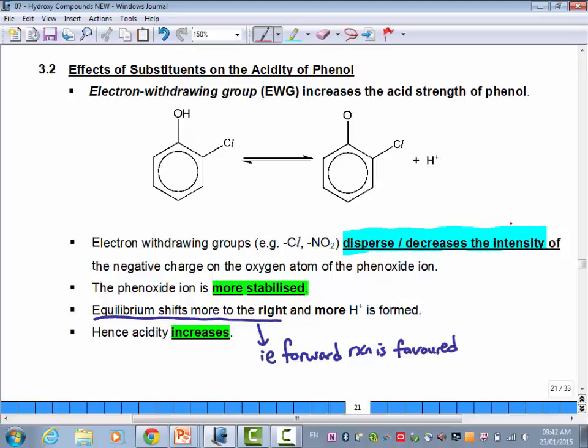Because it is electron withdrawing, it draws away electron density towards itself. As a result, the phenoxide ion is more stabilized.